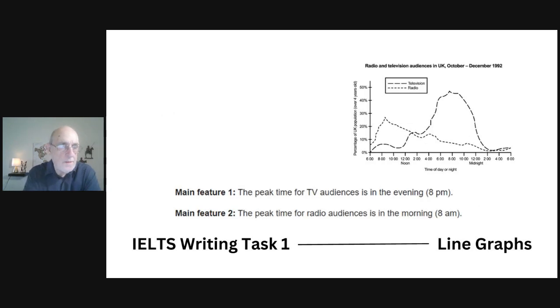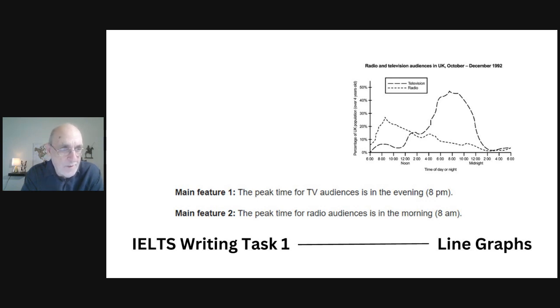And then what we want to do is select the main features. And in this graph, it's quite simple. We have basically two main features: the time when most people watch TV and the times when most people listen to the radio. So we know that these are going to be the two main features where we're going to describe the details in our detail paragraphs.